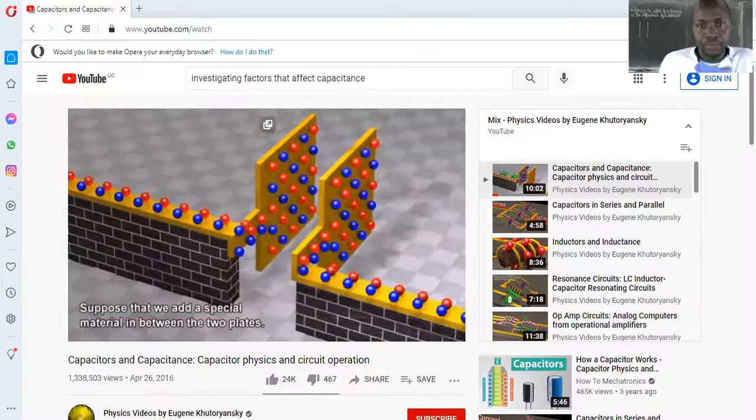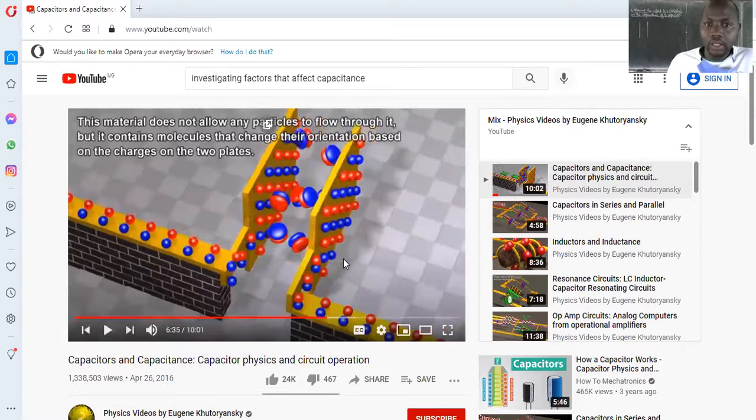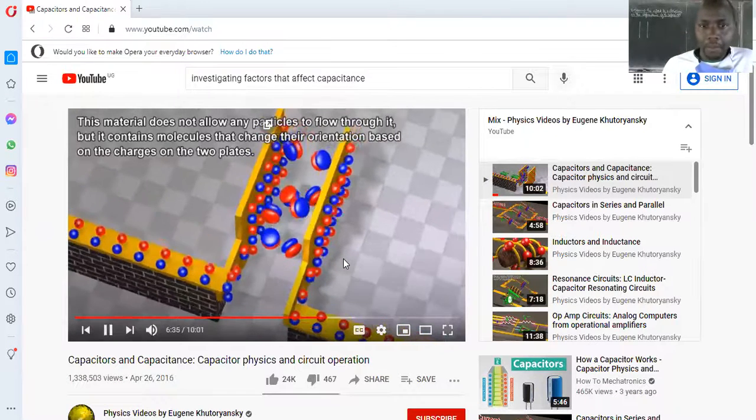We start it. You should be seeing how the molecules are coming in. Look at the arrangement of the molecules when that dielectric is being inserted. They are randomly arranged. Some blue ones are on the other side, the red ones are facing this side, but what happens? Let's continue.